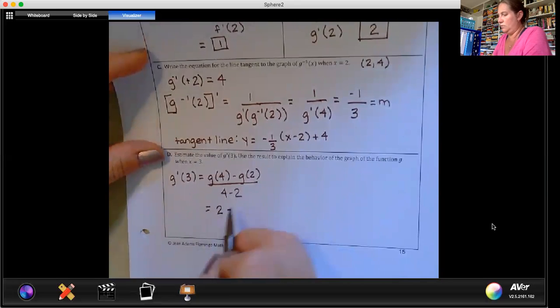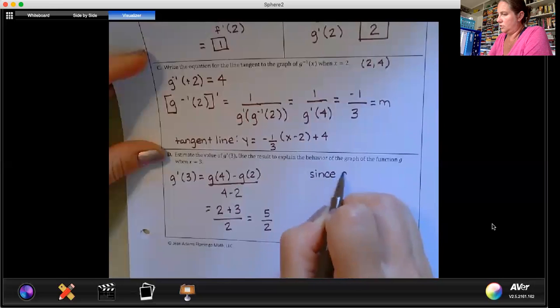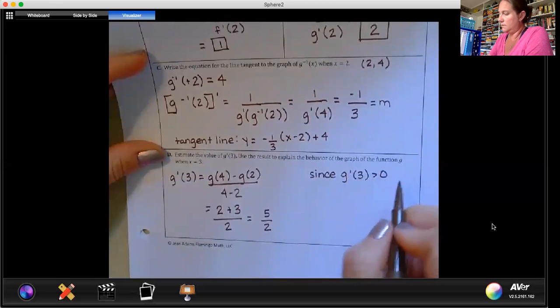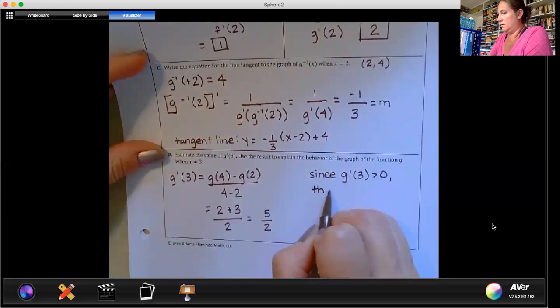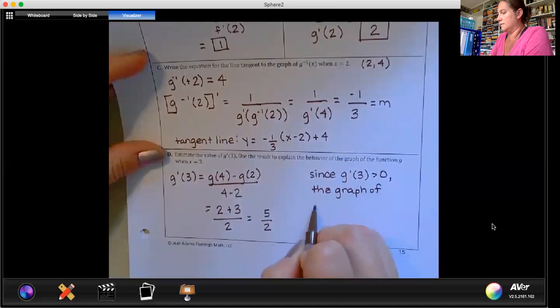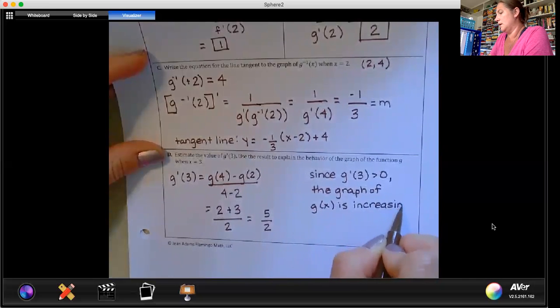G of 2 is -3, over 2, 5/2. So since g prime of 3 is greater than 0, 5/2 is greater than 0, the graph of g of x is increasing at x equals 3.